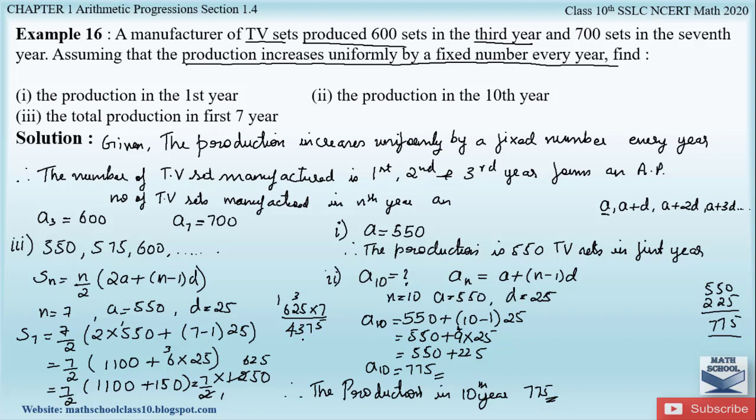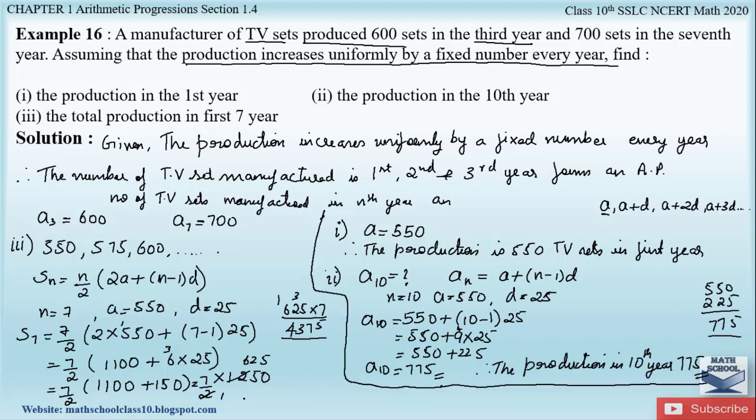So it is 4375. Thus the total production of the TV sets in the first 7 years is 4375. So therefore let us write down the total production in the first 7 years is 4375. So this is the result.